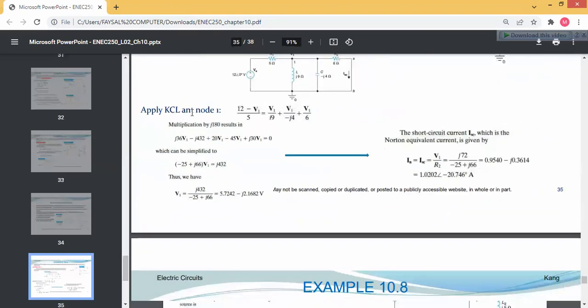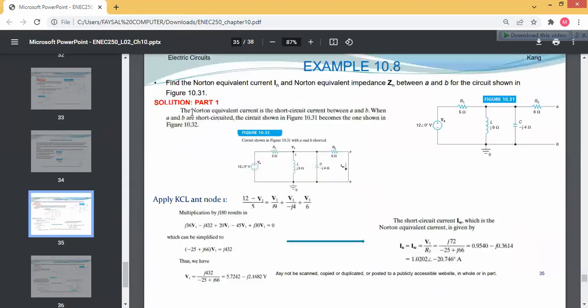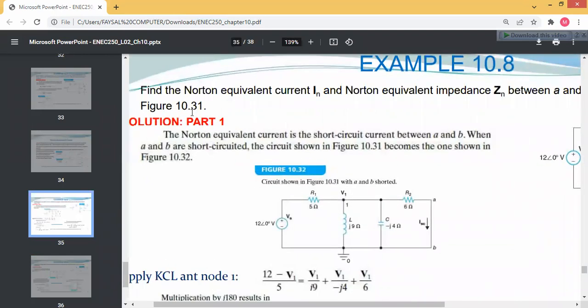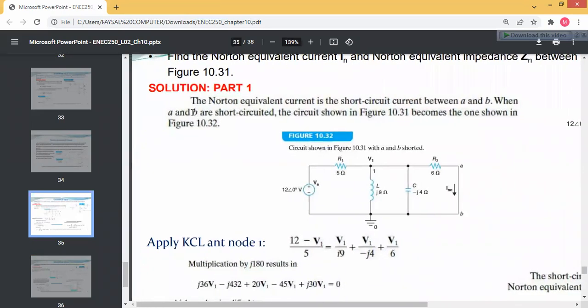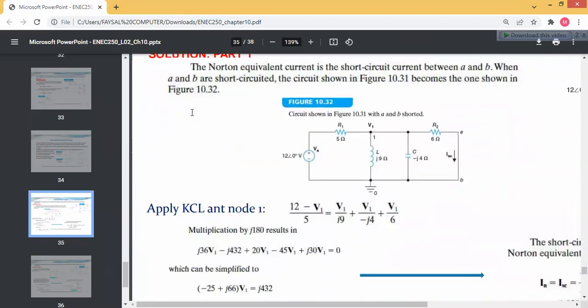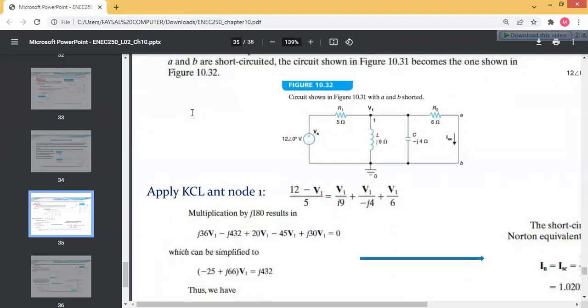Norton. Now there is a Norton. For Norton, I have to find the Norton equivalent current IN and Norton equivalent impedance ZN between terminals A and B. This is the main thing to do. First I have to apply KCL at node 1.